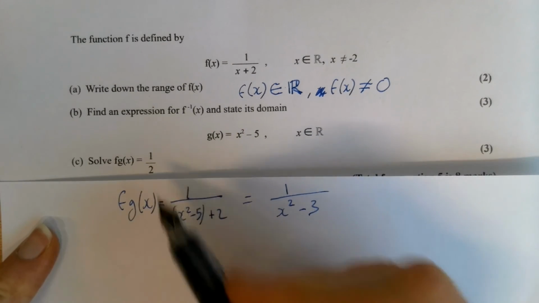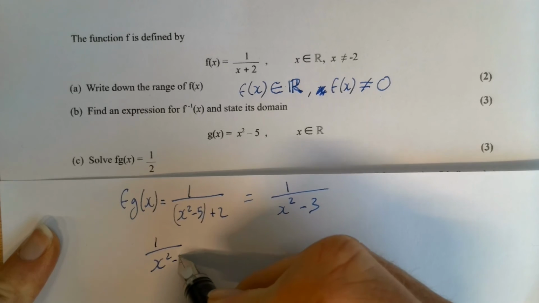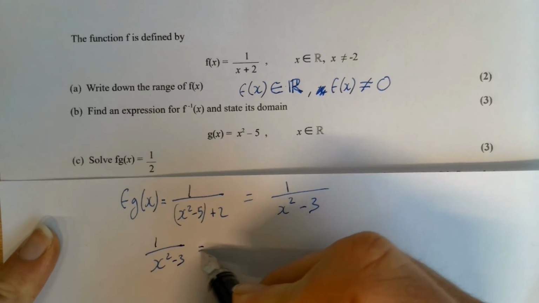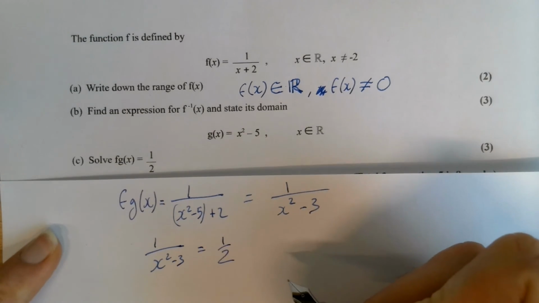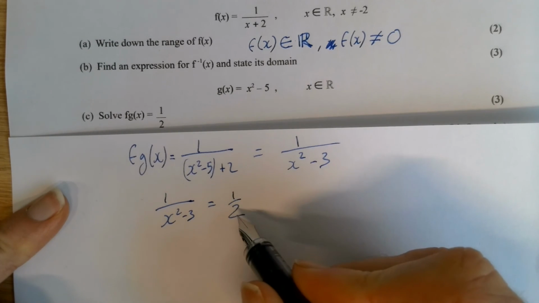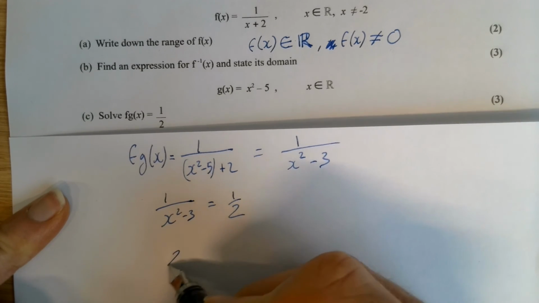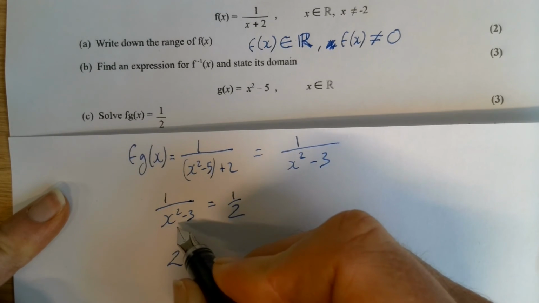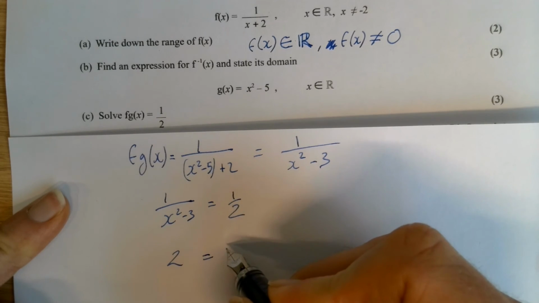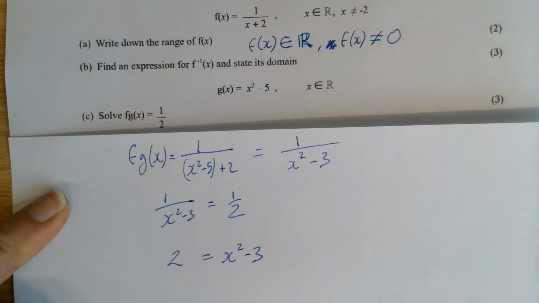Now we've got to solve that equaling a half. So if I multiply by the bottom on both sides, 2 times both sides is going to give me 2 on the top. x squared minus 3 times both sides, we times 1 by that, is going to give us x squared minus 3.